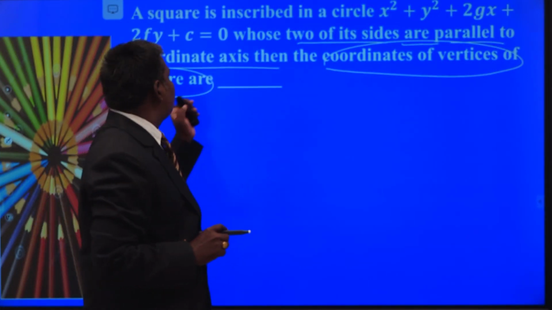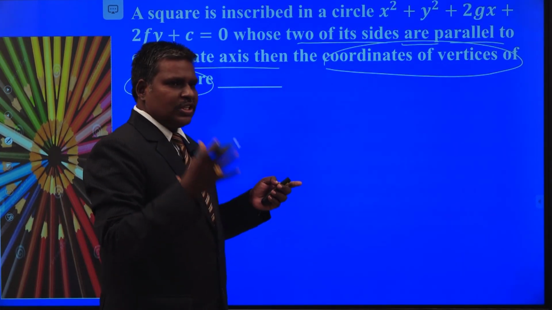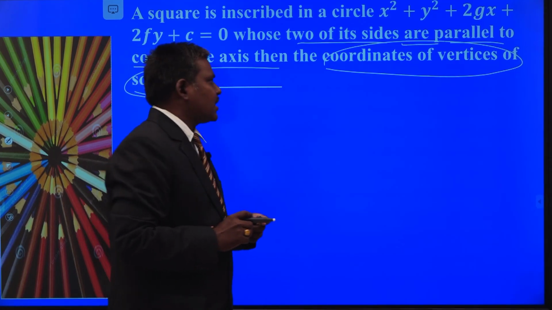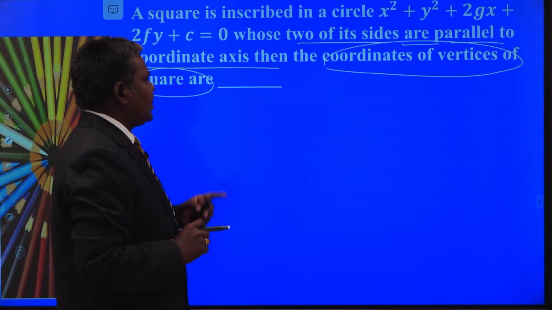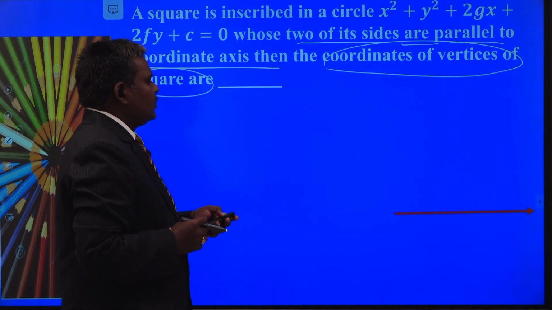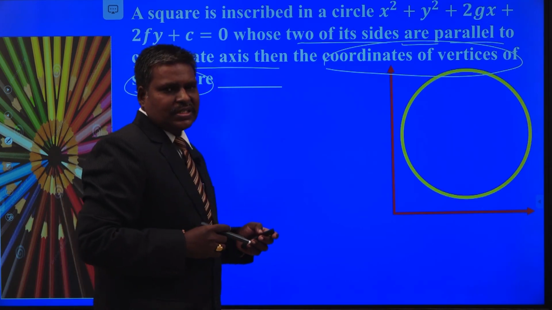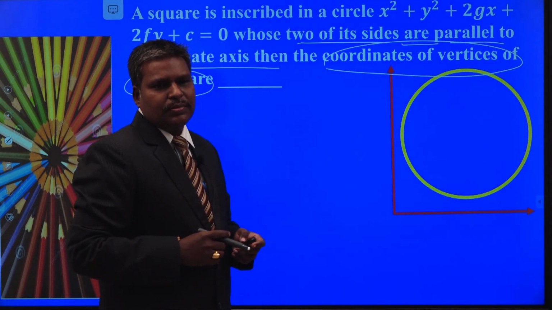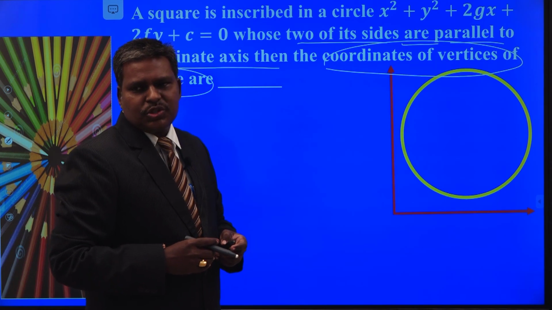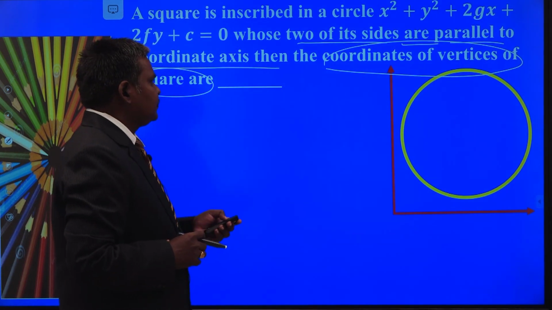Understand? How to do this one? There is a circle. One square is inscribed in the circle. Let us try to draw the figure first of all, then we can explain. These are the coordinate axes. This is your circle, S equal to 0: x square plus y square plus 2gx plus 2fy plus c equal to 0.